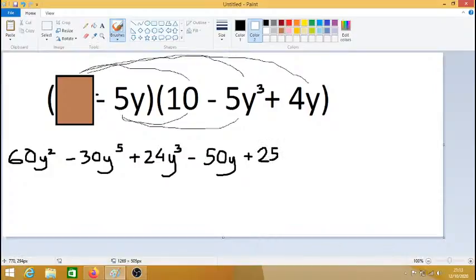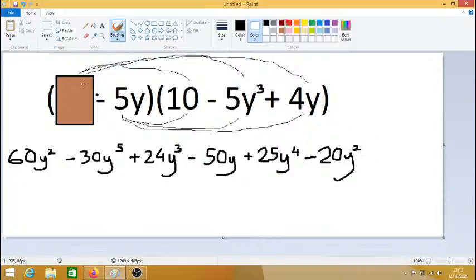And the y times y cubed is y to the power 4. And then finally minus 5y times the 4y, and that's minus 20 in terms of the number bit, and y times y is y squared.